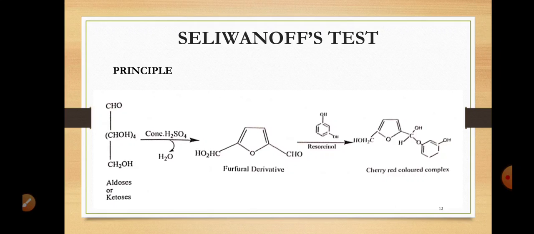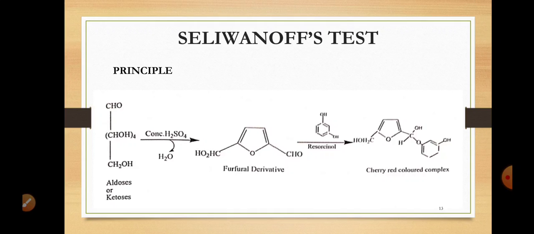This test is also known as the resorcinol reaction. So that also you need to remember. When we see the reaction, we will get an idea with respect to the principle. The carbohydrates are converted into furfural derivative by concentrated HCl. The furfural derivative of ketohexose condenses with resorcinol to form a red complex.